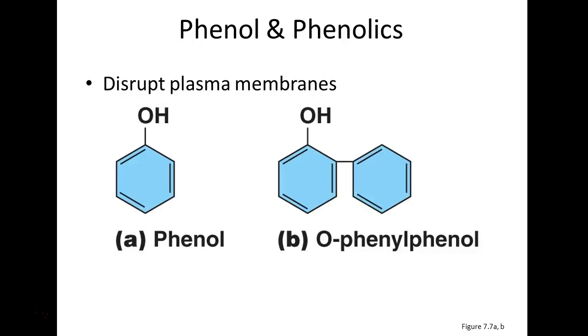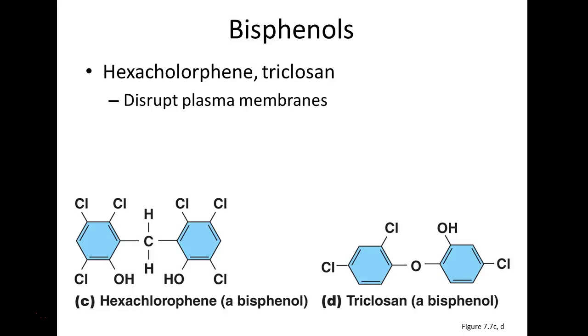So, orthophenylphenol and phenol, these are nasty chemicals that disrupt plasma membranes. Phenol is not often used, but phenolics that are less toxic are. Let's see. Triclosan is a bisphenol, and bisphenols, you can see, are two benzene groups or phenols because they have an alcohol hydroxy group on them.